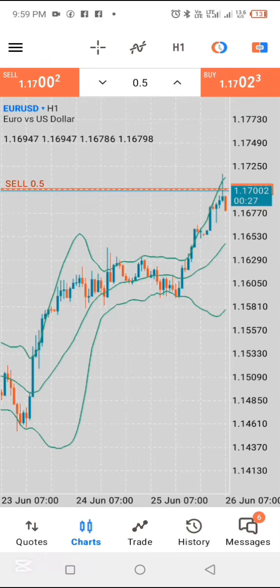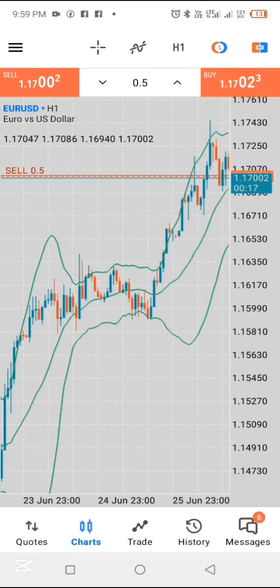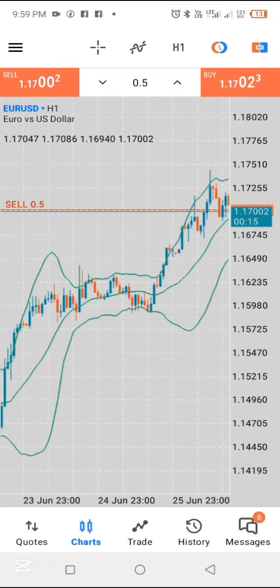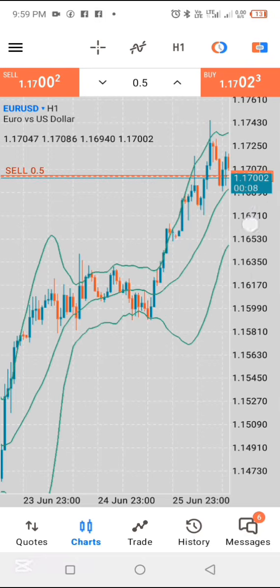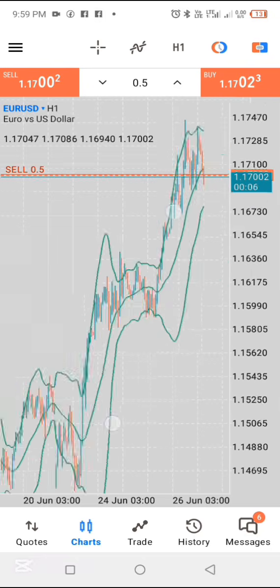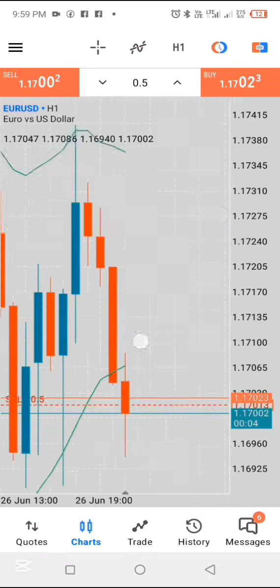Is there a double bottom forming? You have to look at it and verify before you can enter a buy order. Like this particular place within this market area here now. Let's see if it has a double bottom. Yes.